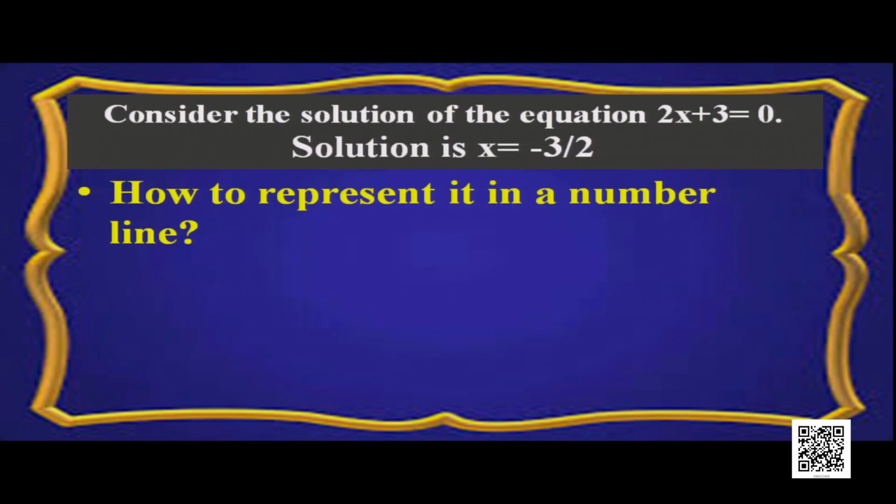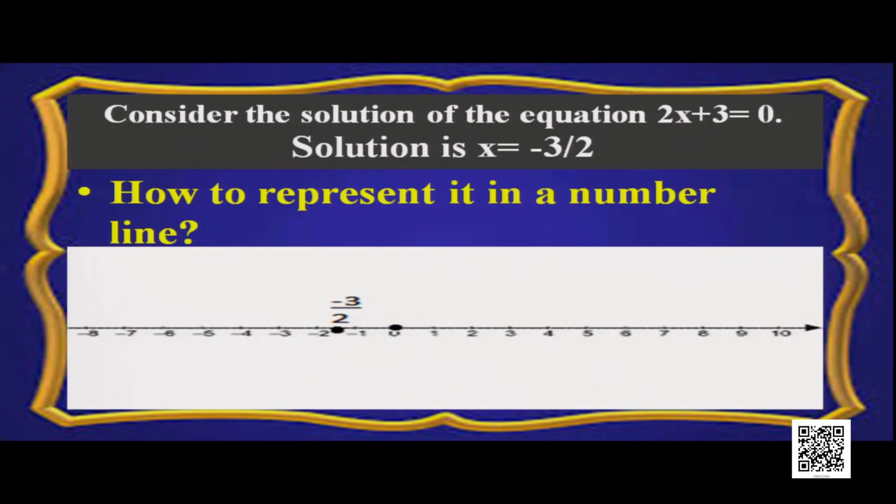We can represent it on a number line like this. A number line is drawn. As we know, minus 3 by 2 is a number in between minus 1 and minus 2. So it is given here in between minus 1 and minus 2, that is minus 3 by 2.